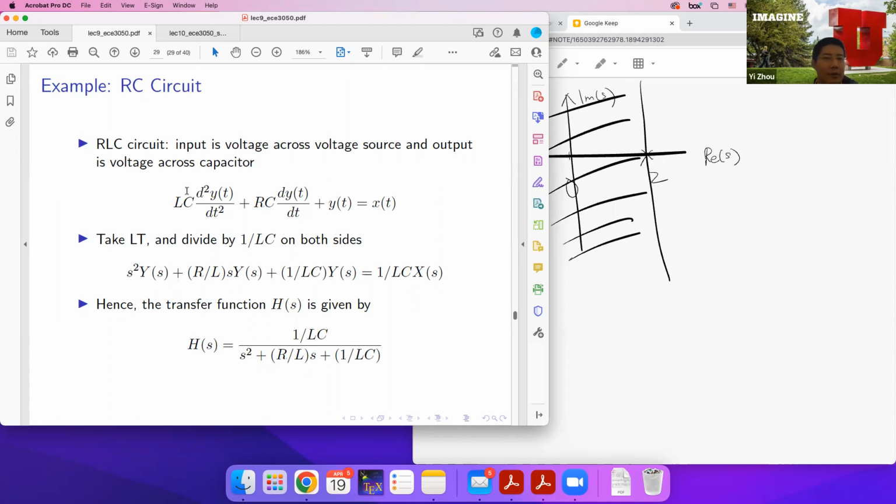Now here's a concrete example. It's an RLC circuit. For such a standard RLC circuit, the system equation is described by this differential equation.